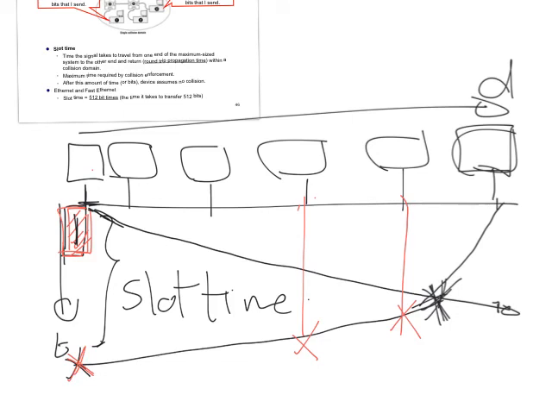In other words, the frame size in terms of transmission should be more than the slot time, which means the frame should be long enough so that the slot time will finish before I finish the transmission of the frame.